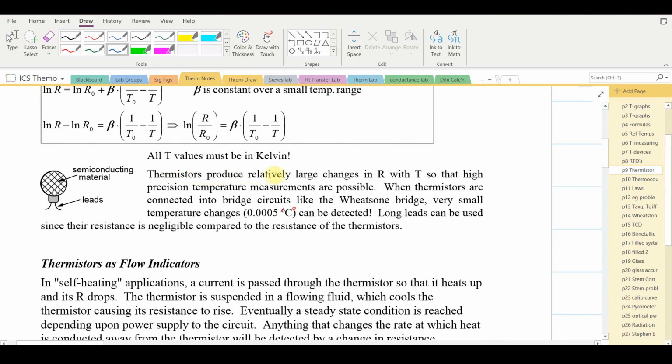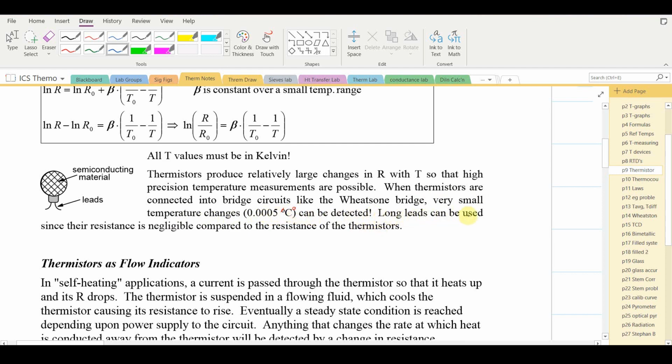Thermistors produce relatively large changes in resistance with temperature, so that high precision temperature measurements are possible. When thermistors are connected into bridge circuits like the Wheatstone bridge, and we'll talk about this a little bit later, very small temperature changes such as 0.0005 Celsius degrees can be detected.